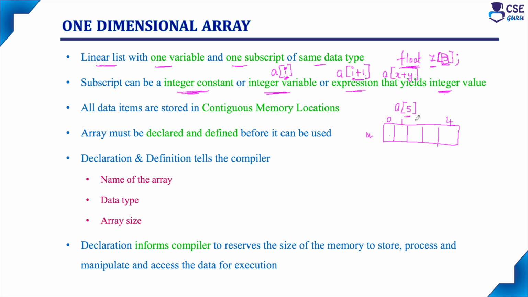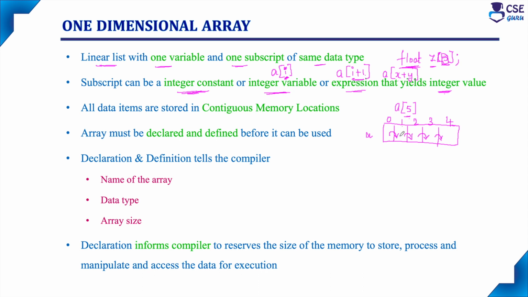First position, 1 element will be stored. Second, third and fourth positions, 1 element each will be stored. Totally 5 elements we can store, from the 0th location to the n minus 1th location. And the memory will be a sequential allocation for each element. Individually, each will be stored in a memory location.